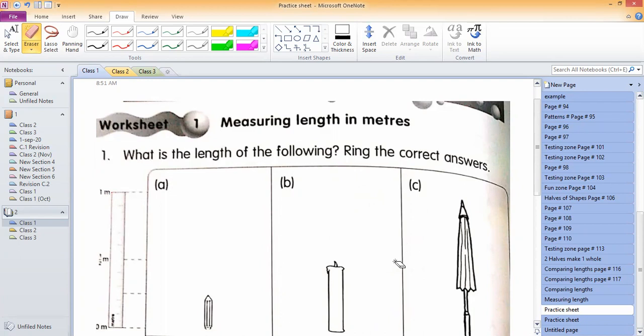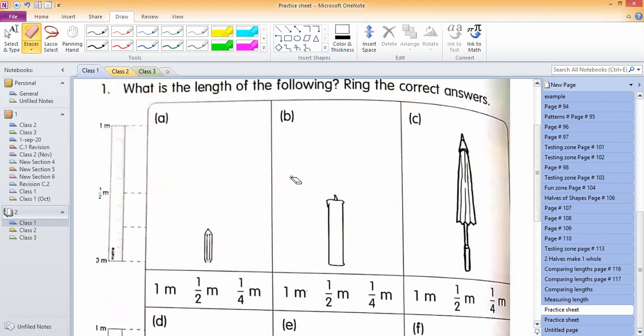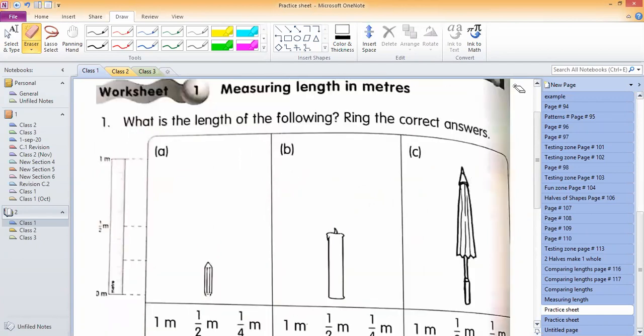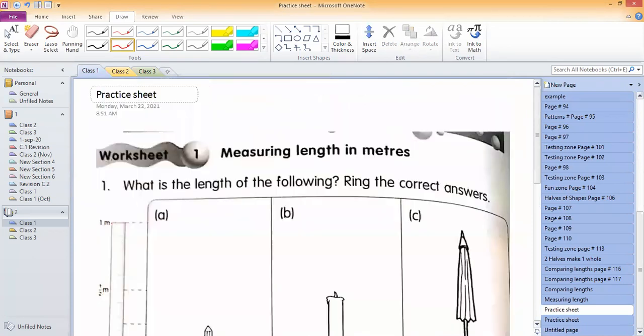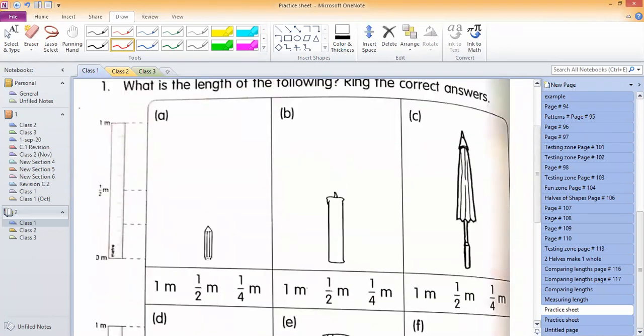So you have to find out the length of the following and ring the correct answer. This is the meter ruler, guys. It starts from 0.